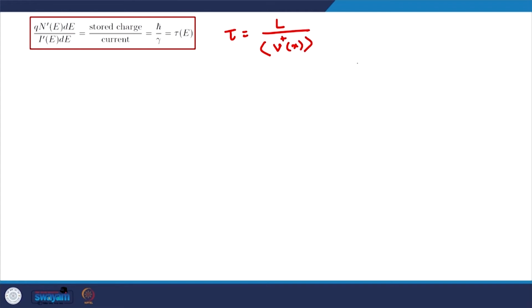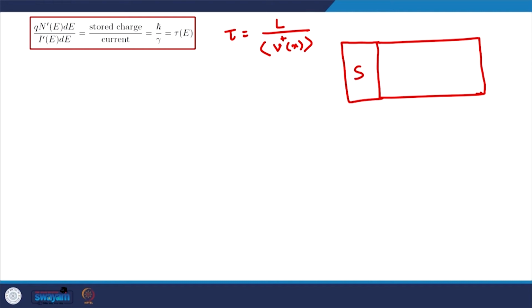So, in a 2D device, where the channel is 2D and in contact with the source terminal and the drain terminal, this is the length of the device, this is the width of the device. Width of the device is W, the length of the device is L. Okay.